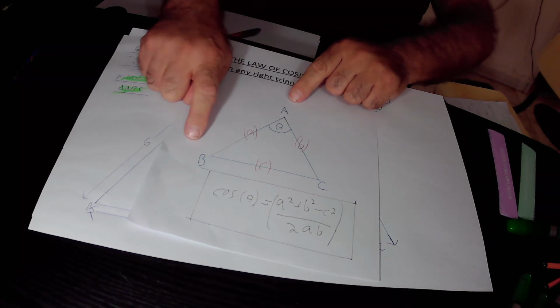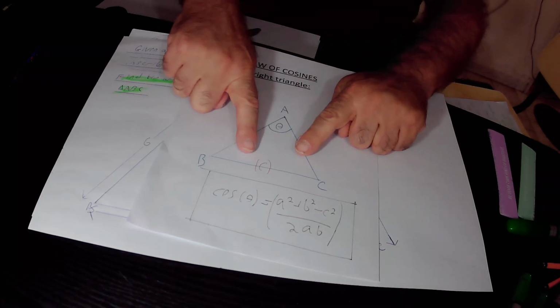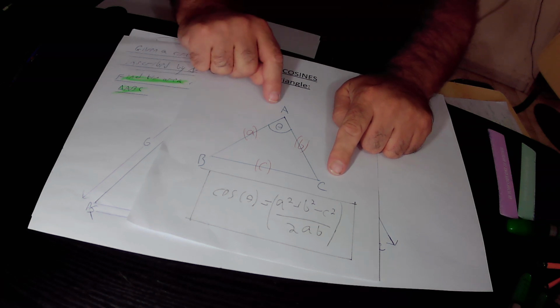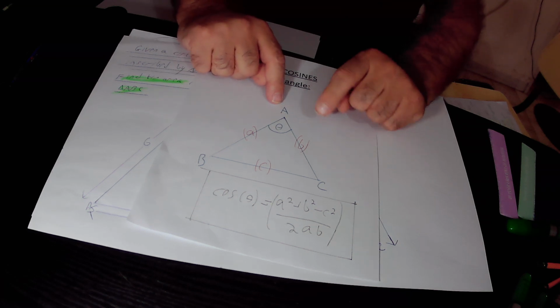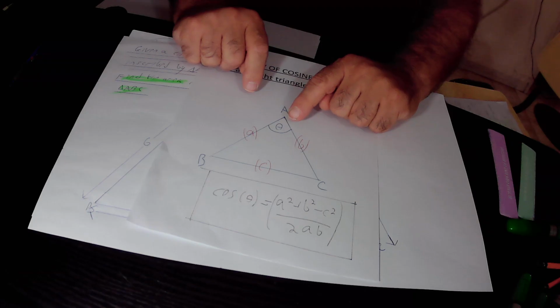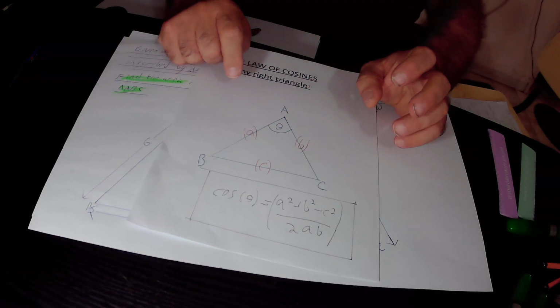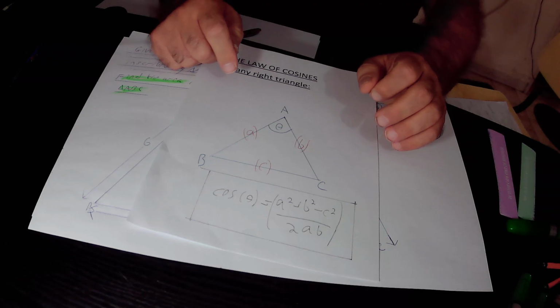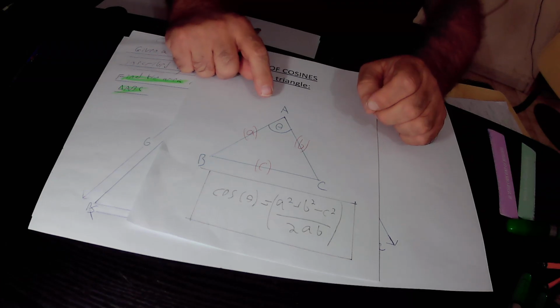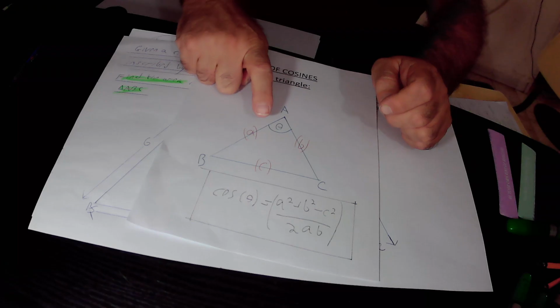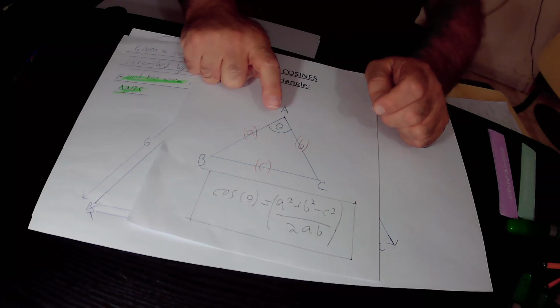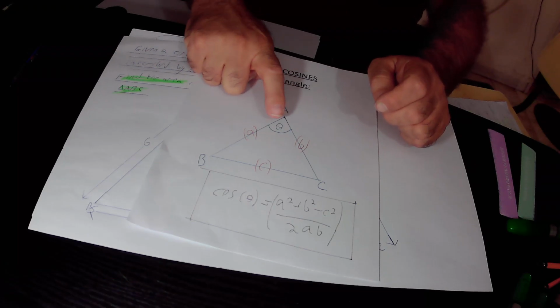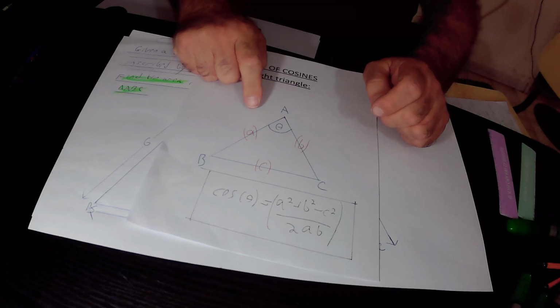Side AB equals c units in length, side BC equals a units in length, side AC equals b units in length. This is angle theta. According to the law of cosines, the following equation is true: cosine theta equals a squared plus b squared minus c squared, over 2 times a times b.